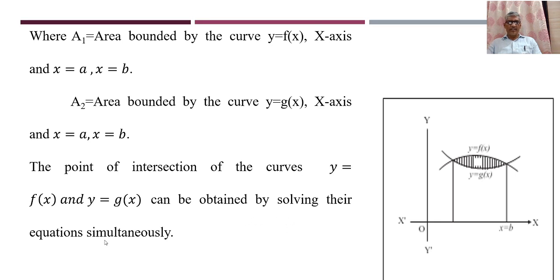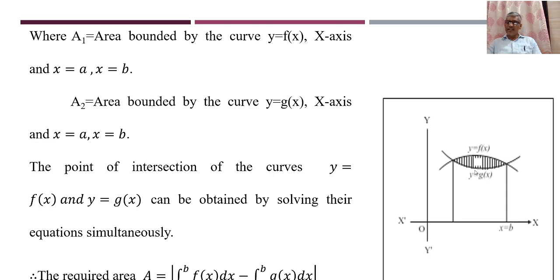Then we solve their equations simultaneously. Here the required area A equals the mod of integration: the first area, under the curve y equal to f of x, is a1, the integration from a to b of f of x dx, minus the integration from a to b of g of x dx.